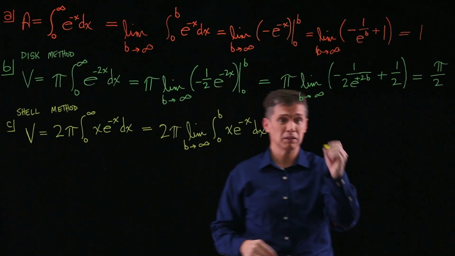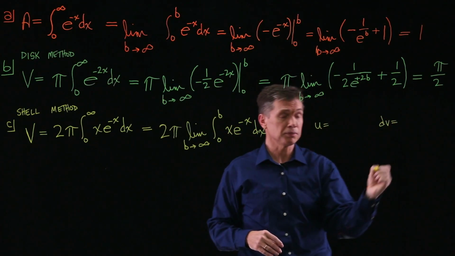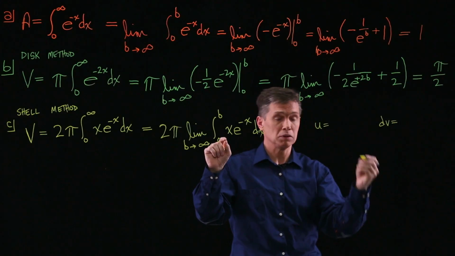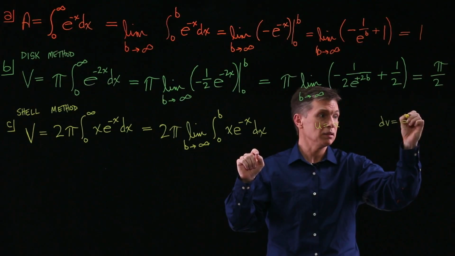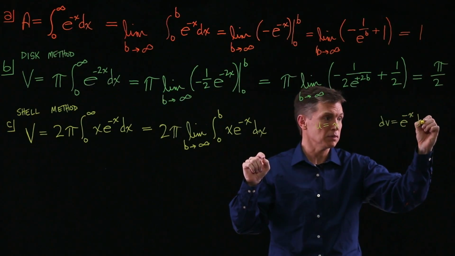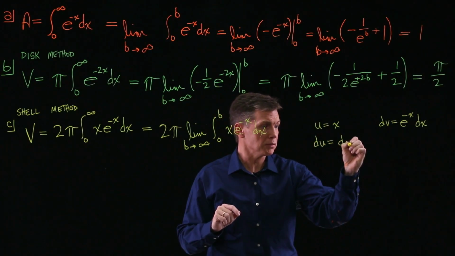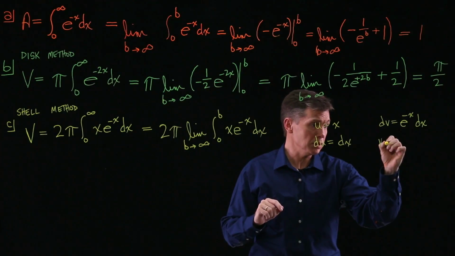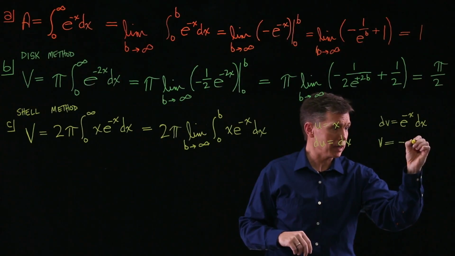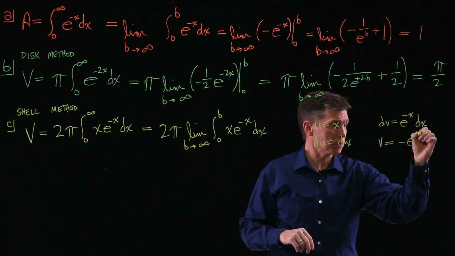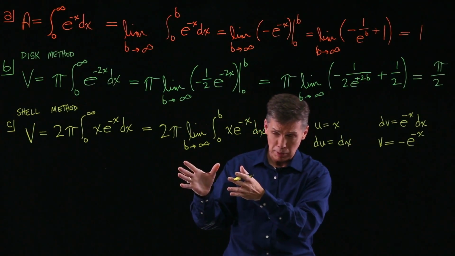So I'll go off to the side here, and I've got to do a u equals and a dv equals. I'm going to let my u equal just x, and my dv equal that e to the minus x dx. And then du just equals dx. My v will equal e to the minus x with that extra factor of a minus 1. Okay, take those pieces, put it into your integration by parts work.